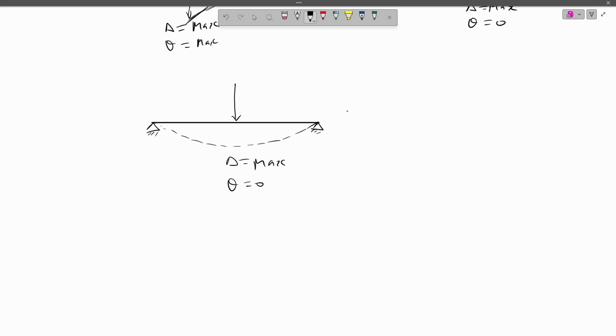At the supports, our deflection is going to be 0 and our slope is going to be max.